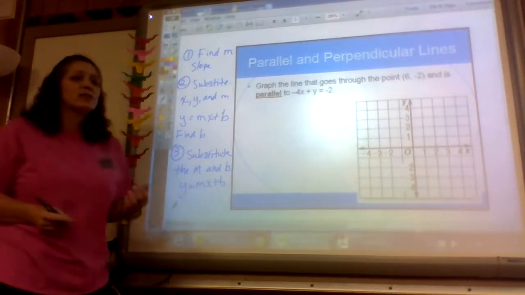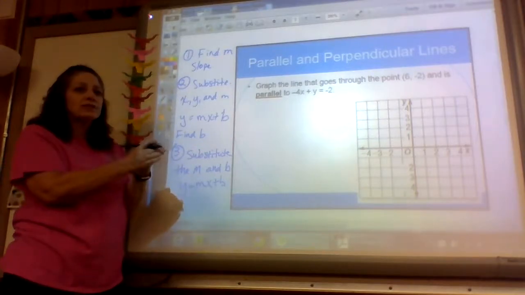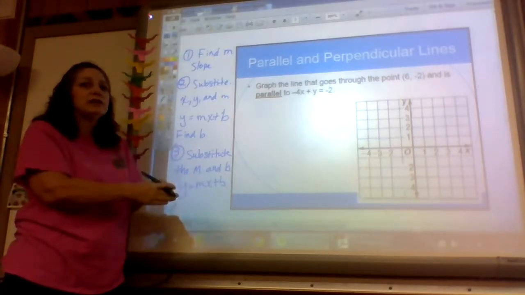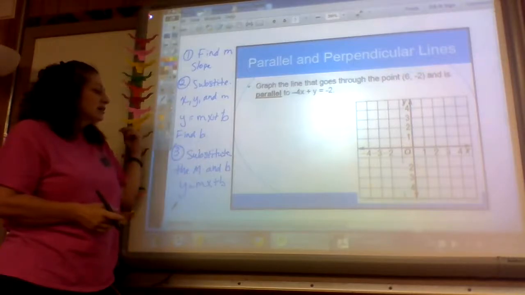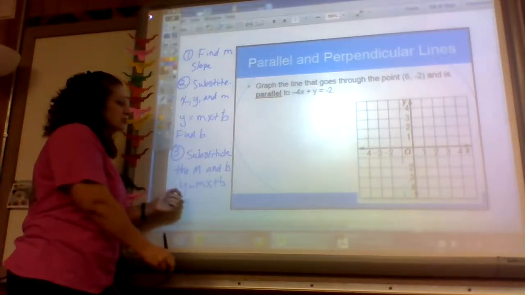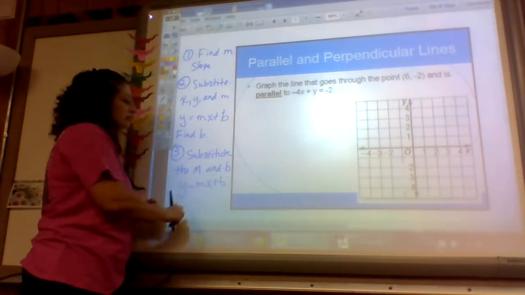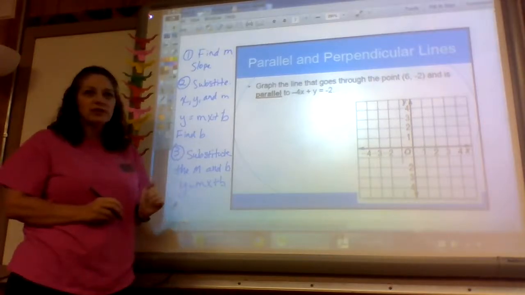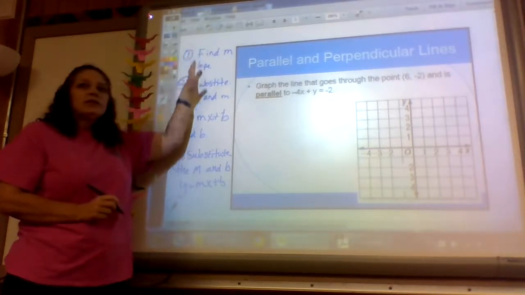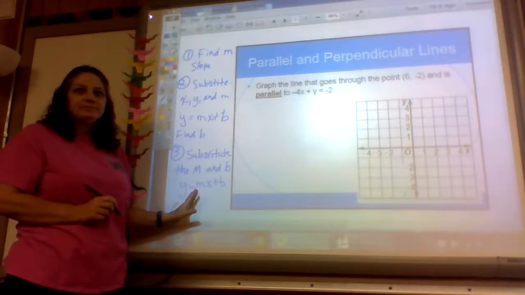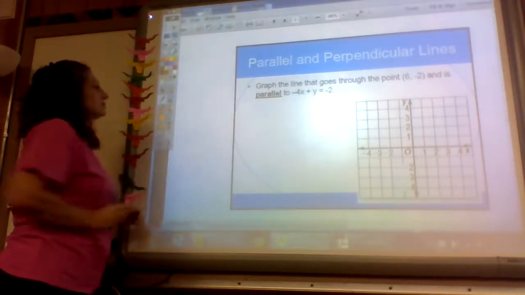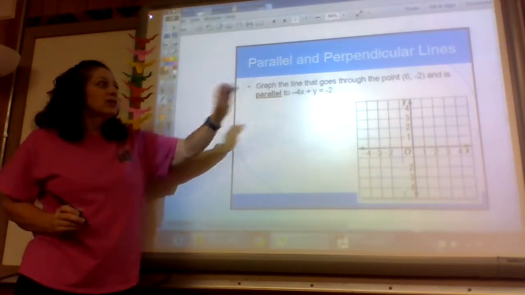Okay, so that's just to find the equation of any line. First thing you have to have is slope. Second thing you have to find is the b, if it's going through a point. And then finally, you can use the slope you found and the b you found, your y-intercept, and make the equation of your line. All right, did we get the steps written? Yes, ma'am.